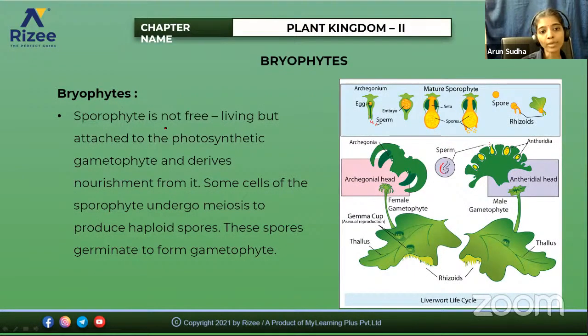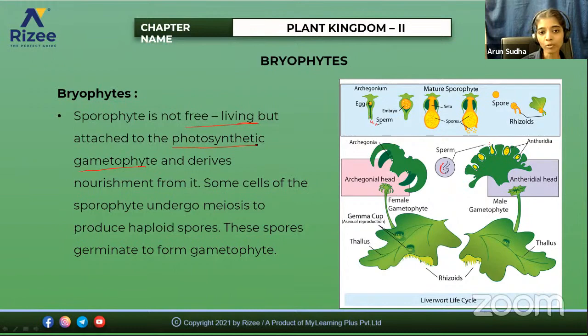But this sporophyte is not free living. That is, it cannot live freely. If the sporophytic phase were dominant, the sporophyte could live freely. But here it is not free living, but is attached to the photosynthetic gametophyte. What do you mean by photosynthetic gametophyte? Only the gametophytic phase is able to undergo photosynthesis.